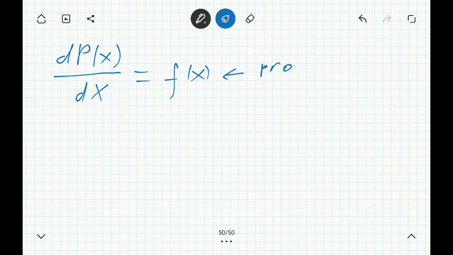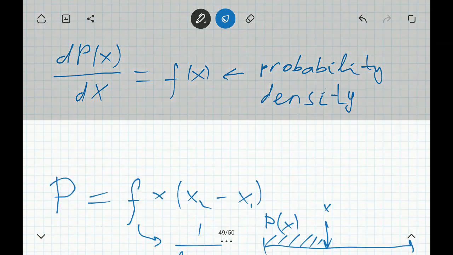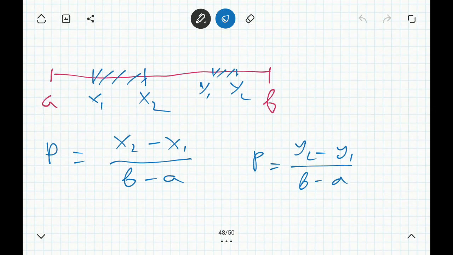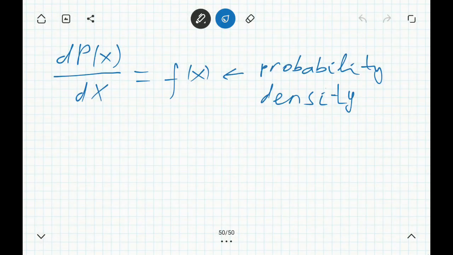So it's a probability density. In our previous examples, the density is constant.